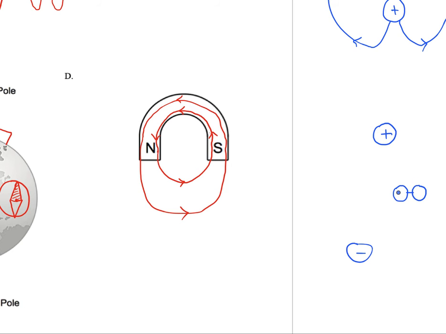Let's say one of them is negative and the other is positive. This would be called an electric dipole. Which way would the dipole tend to rotate due to the electric field?